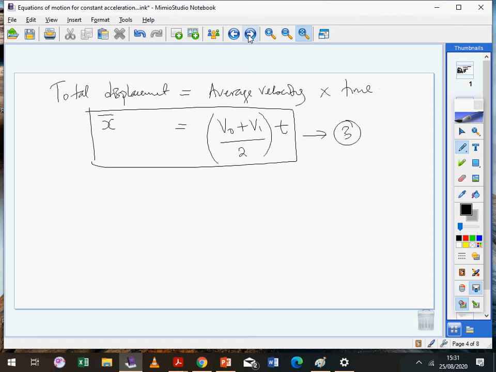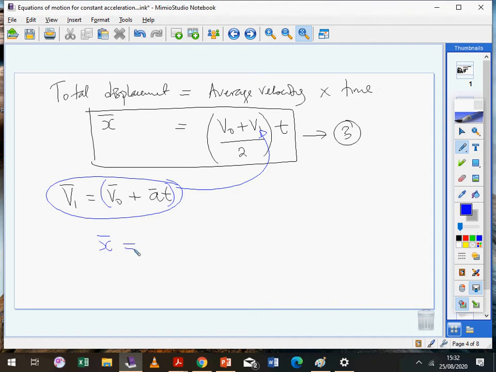What other combinations can we have? Let's see. Now from the second equation, that was v1 equals v0 plus at, I hope you can see that I can substitute for v1. This whole thing is v1, and I can substitute for it in this position. When I substitute for it there, I'll end up with displacement equals v0 plus v1, which is now v0 plus at, everything over 2, everything multiplied by time.